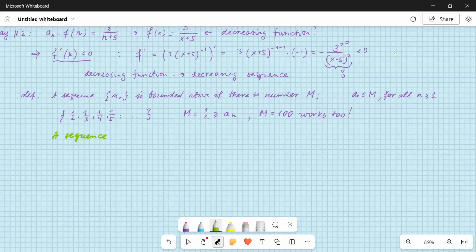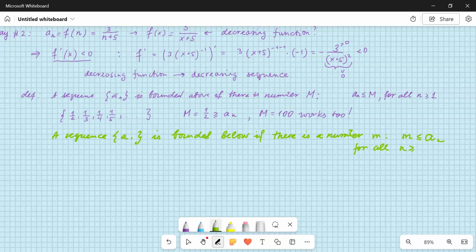Sequence a_n is bounded below if there is a number, little m, such that little m is less than or equal to all terms of the sequence, for all n greater than or equal to 1.